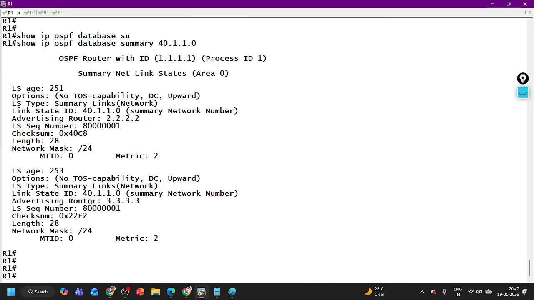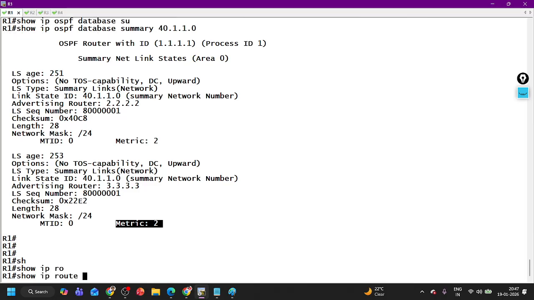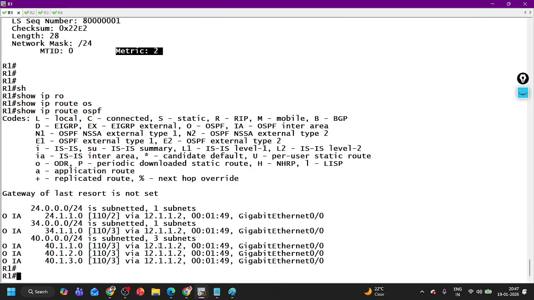And here is 3.3.3.3, also advertising with metric 2. That's why the router should perform load balancing.